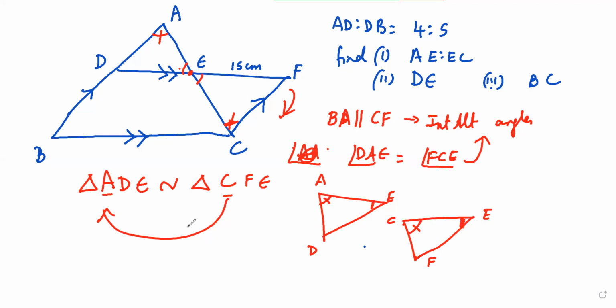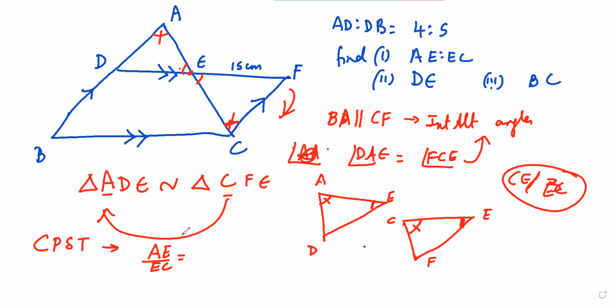Once they are similar, because of CPST, the corresponding sides will be proportional. So corresponding parts of similar triangles. So I can say AE by EC, okay, AE by EC or CE for that matter, EC and CE are same. So AE by EC will be equal to what?